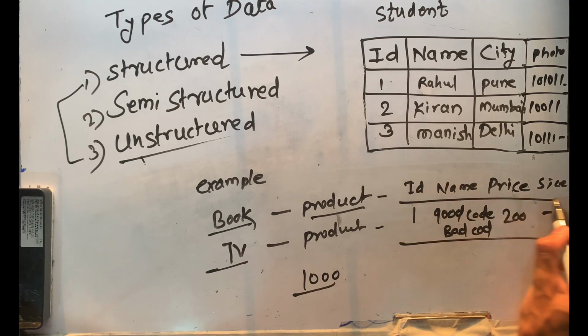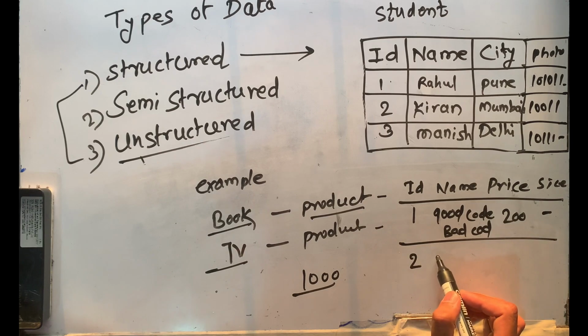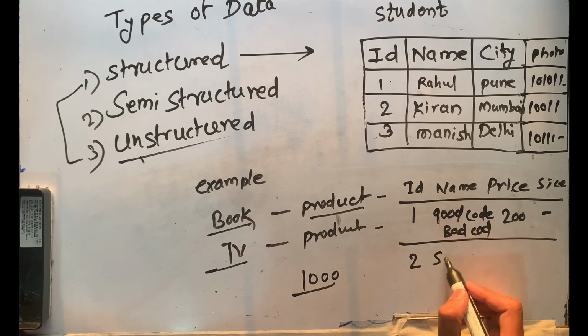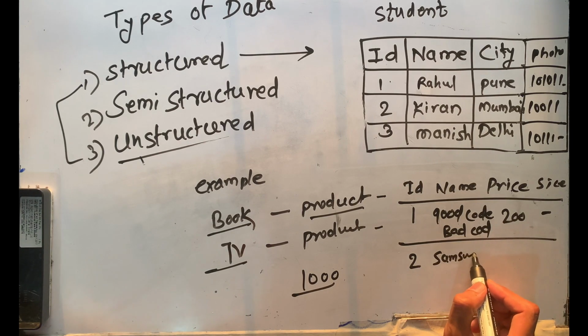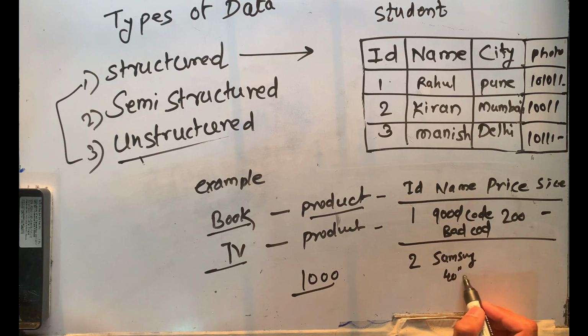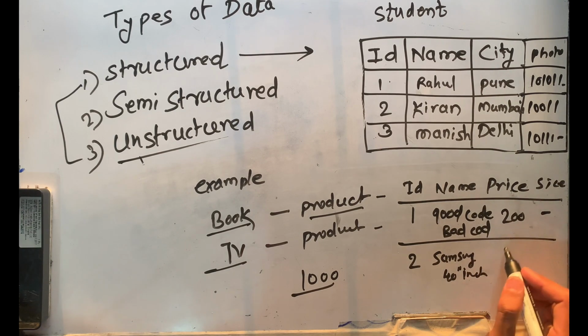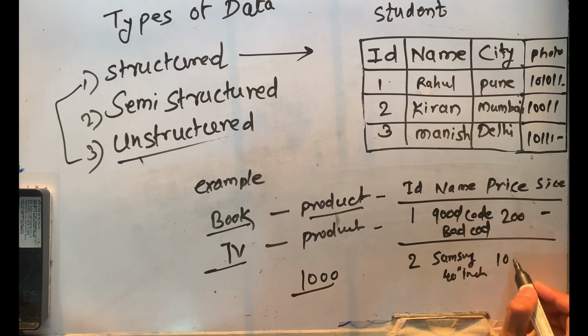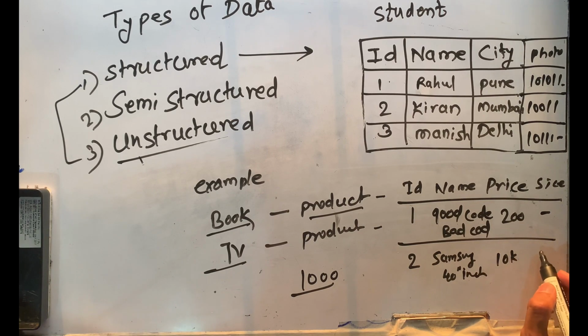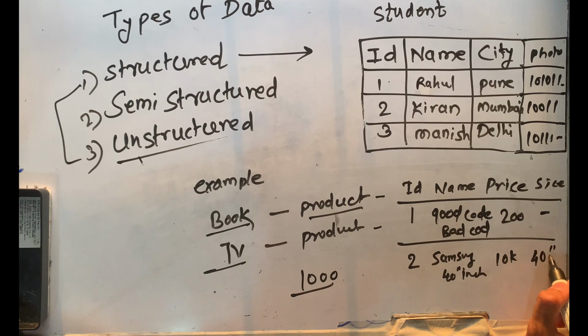So this is nothing but one product. And let's say the second example is the TV. TV Samsung is the model, Samsung 40-inch. So the price is 10K and the size is 40-inch or something.